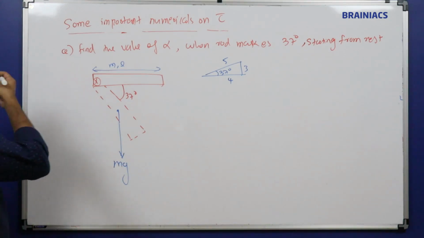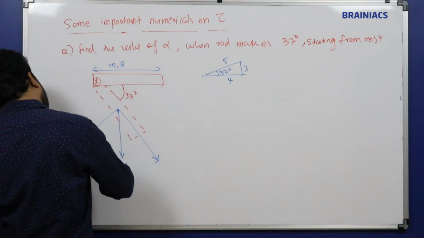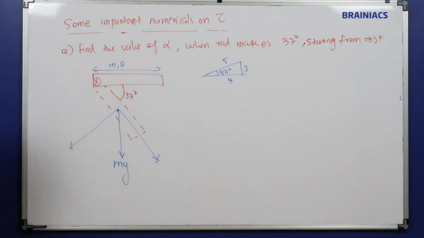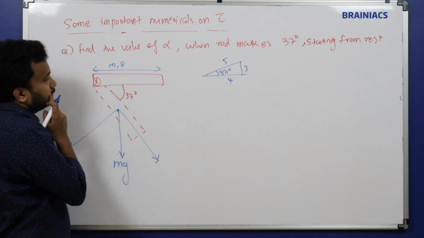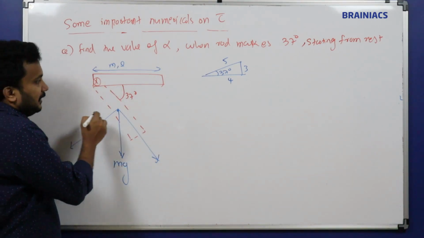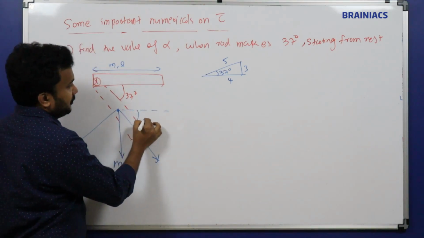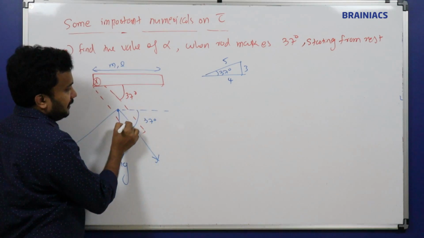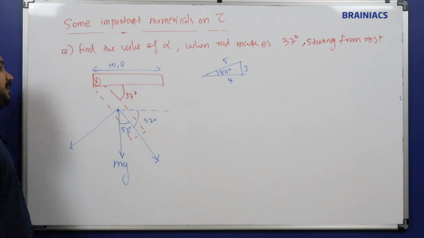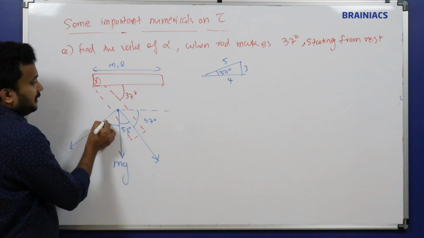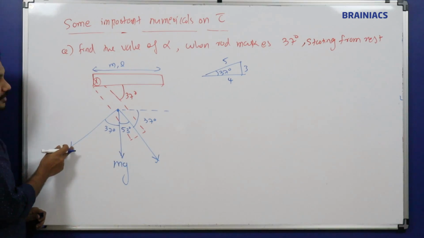We have two components: one along the rod and one perpendicular to it. If this angle is 37 degrees, then the other is 53 degrees, and this one is 37 degrees.